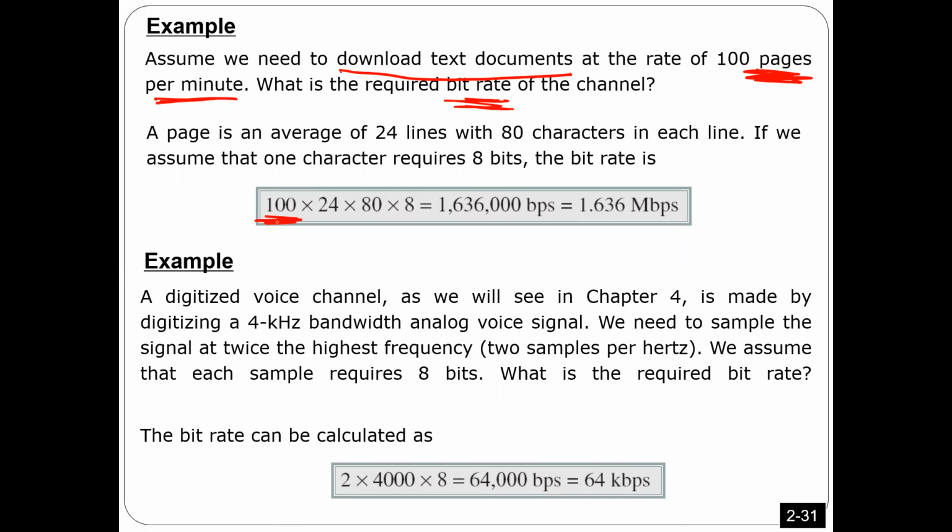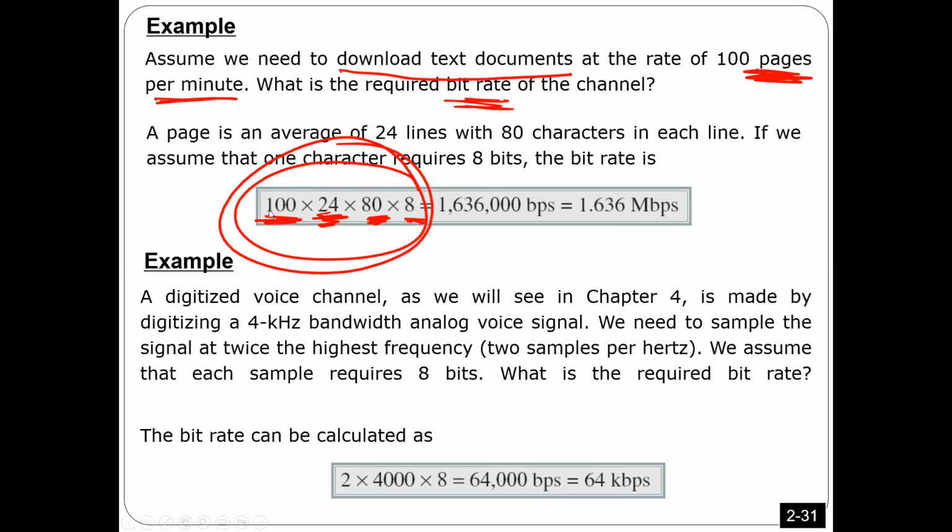Per minute, and for every page, I'm going to assume we have 24 lines in every page. Okay, every line I'm going to assume I have 80 characters. Okay, every character using ASCII code, every character is going to have 8 bits. Why did I do all of that? I just need to know how many bits I have. That's it. You know what I'm saying?